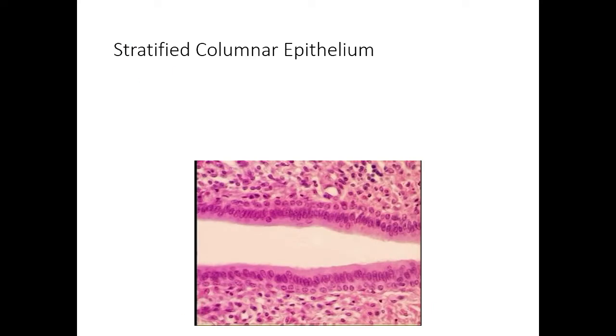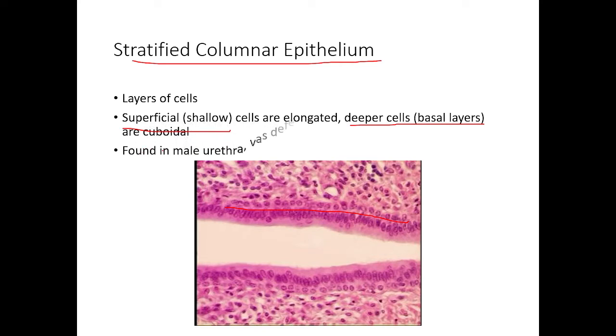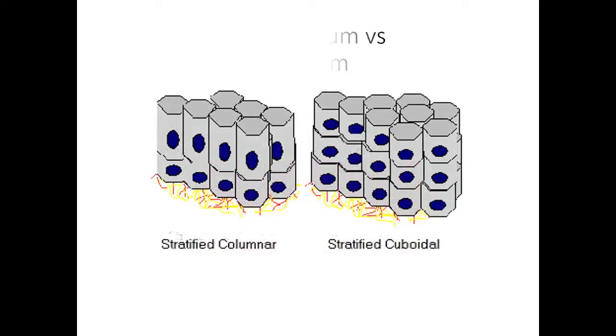Next one, how exactly does stratified columnar epithelium look? Layers of cells are present. You can see the layers of the cells are present. Superficial, shallow cells are elongated. The deeper cells, or the basal layer, are cuboidal. Found in male urethra, vas deferens in the testes, or parts of the pharynx.